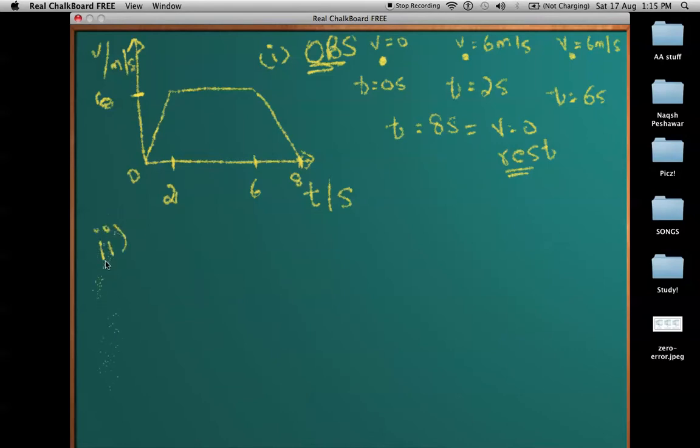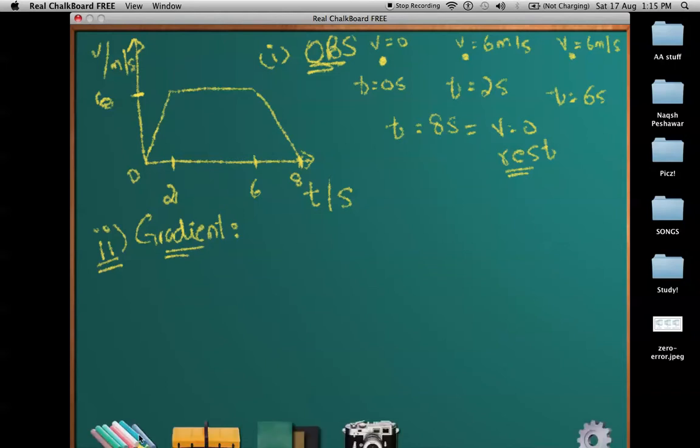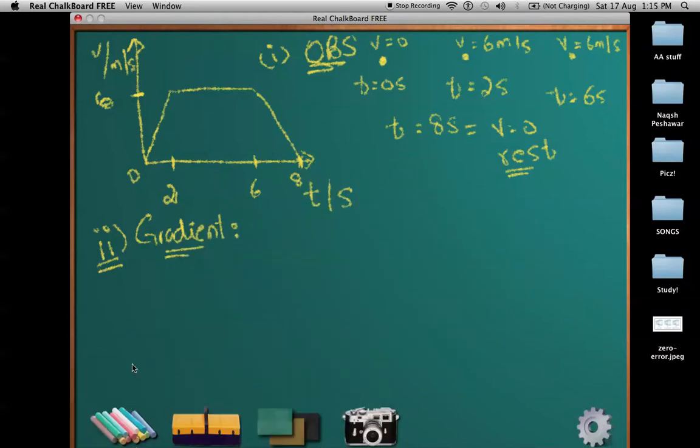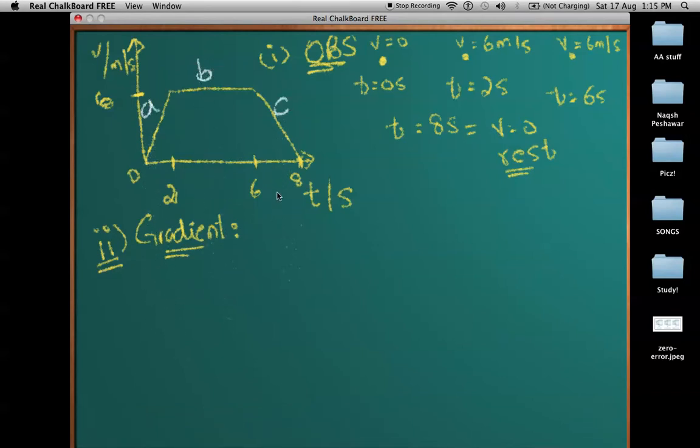The second observation that you are supposed to have is through the gradient, about the acceleration. We have three different lines having different gradients, so we'll consider them differently. Always remember, whenever there are two lines having different gradients, we'll consider them differently. This is part A, part B, and part C. First, the acceleration of part A will be given by the gradient.